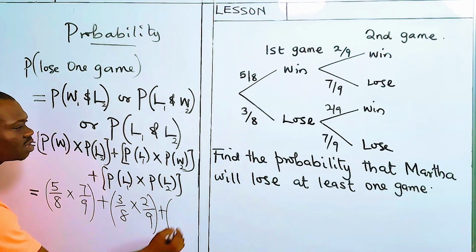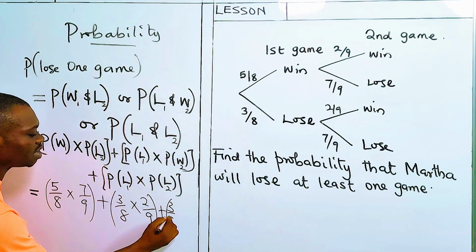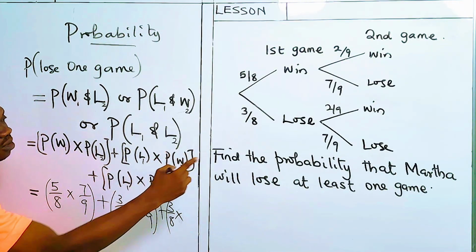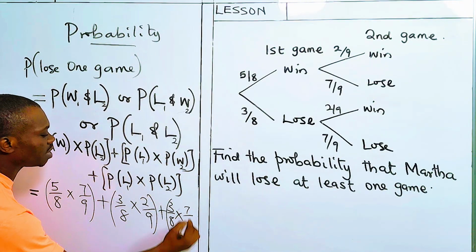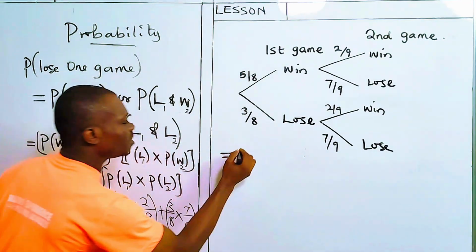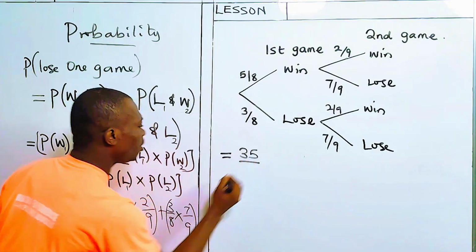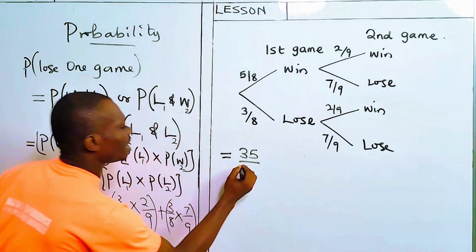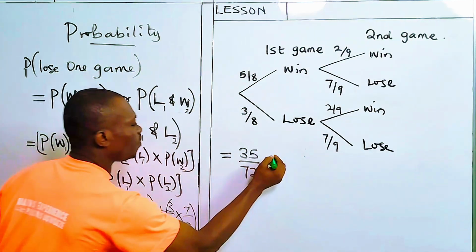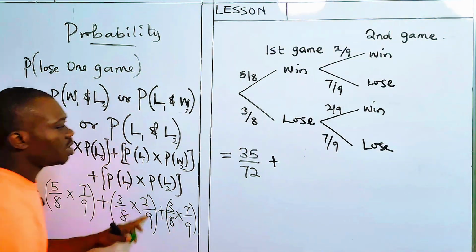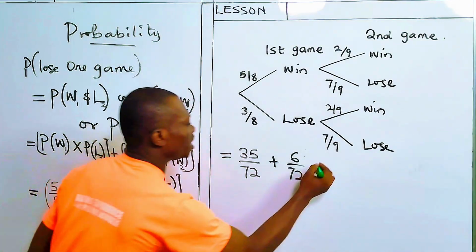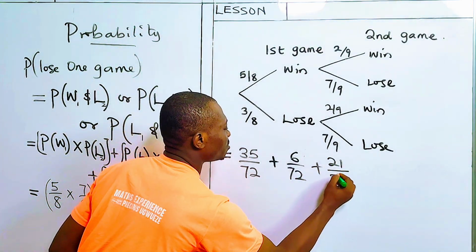Then plus again lose the first, 3 over 8, multiplied by lose the second, which is 7 over 9. That gives us 5 times 7, which is 35, all over 8 times 9, which is 72, plus 6 over 72, and finally 21 over 72.